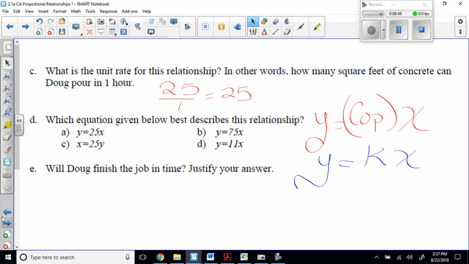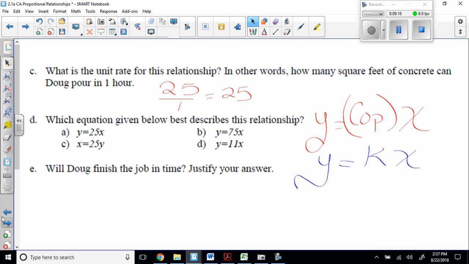Would it be C? Well, let me ask you this. Let's do a show of hands. How many of you think it's A? Okay, how many of you think it's B? C? D? Okay. What is the unit rate or constant of proportionality for Doug pouring the concrete?